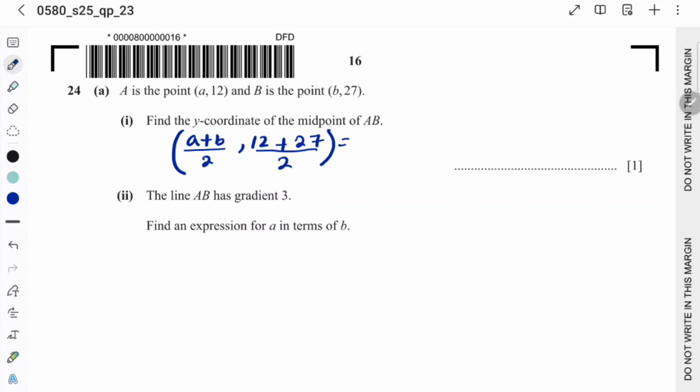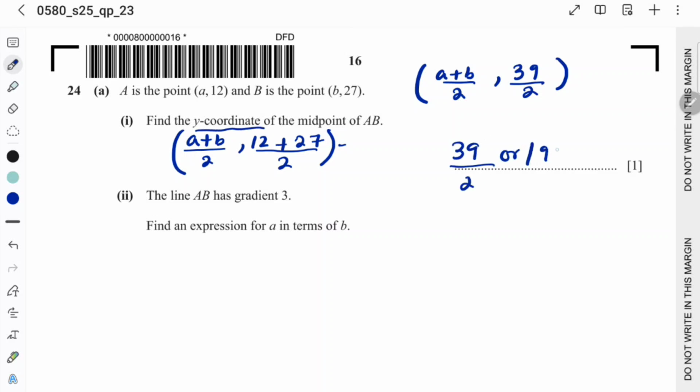You'll have to see what is the y coordinate only, so they are not interested in (a plus b) upon 2. 12 and 27 makes 39 upon 2, so 39 upon 2 or 19.5, or 19 whole 1 over 2. This is the y coordinate only required.